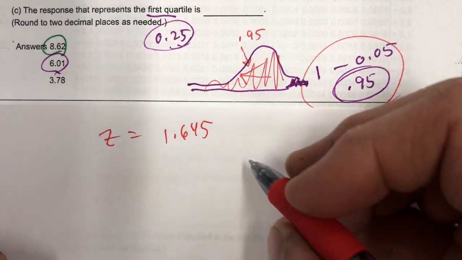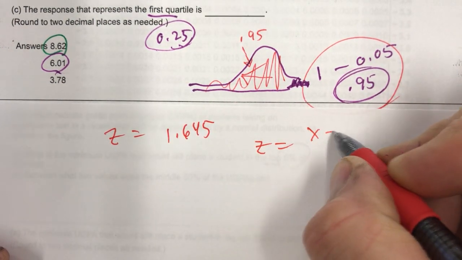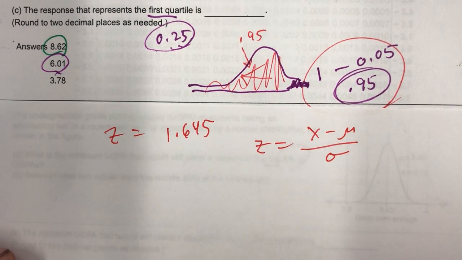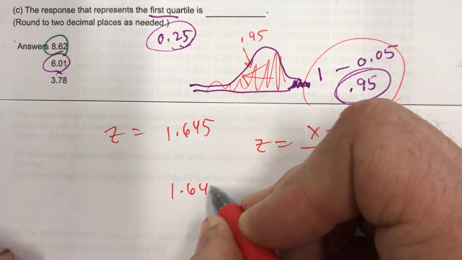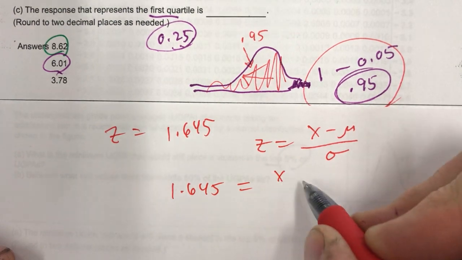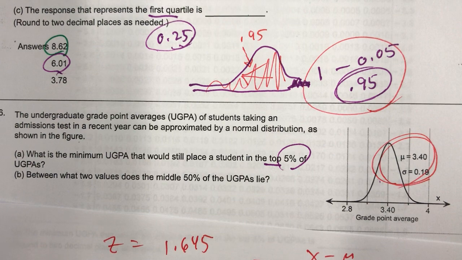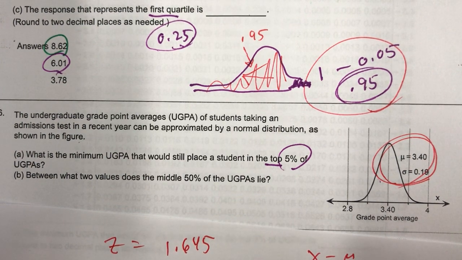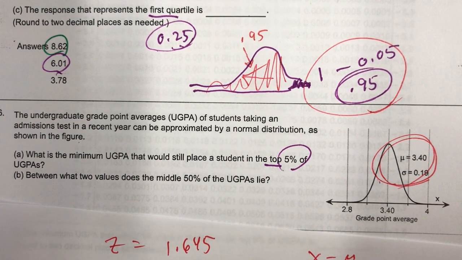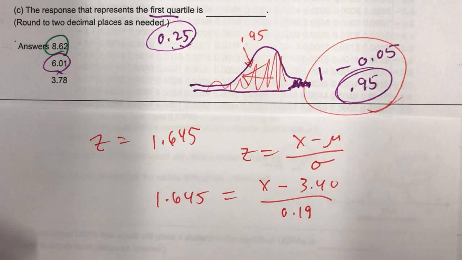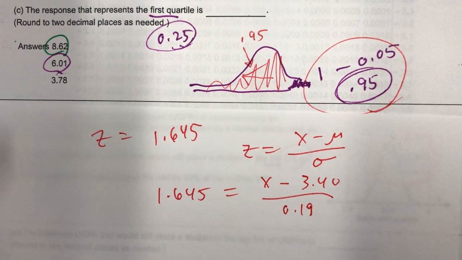Remember, z equals x minus mu divided by sigma. So this is 1.645 equals my x value, which I don't know, minus my mu, which it tells me over here is 3.4, divided by 0.19. Okay, and so that's how I set it up.